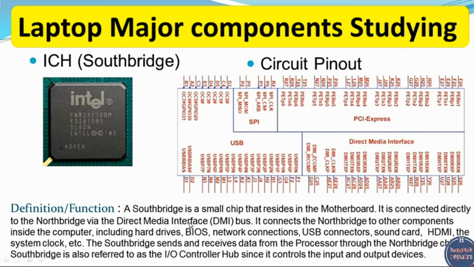As a definition, a south bridge is a small chip that resides in the motherboard. It is connected directly to the North Bridge via the DMI or Direct Media Interface.